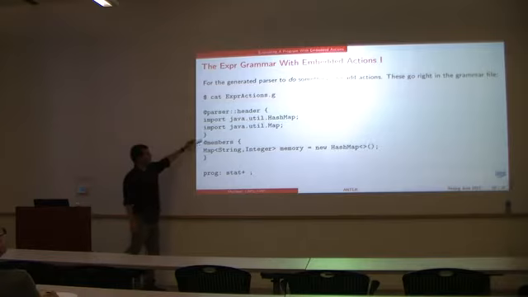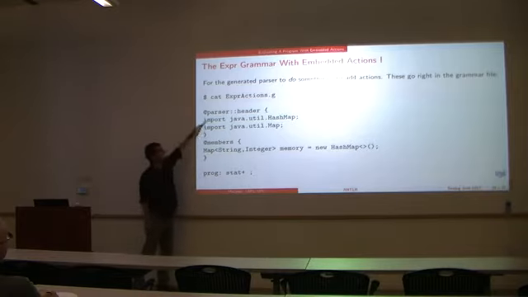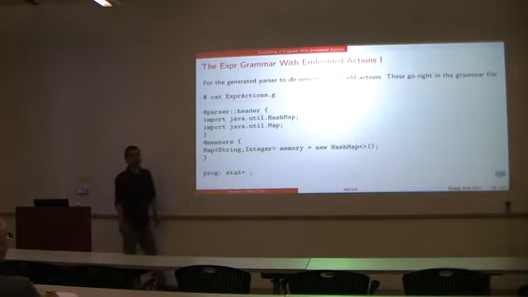You can tell Antlr, in the generated Java class, I need this code to be added. And I need the Java compiler to know that when I say map, I mean Java util map, so I can add import statements that Antlr takes verbatim from the grammar and dumps in the generated source file. Okay? So now I have some memory in the program.